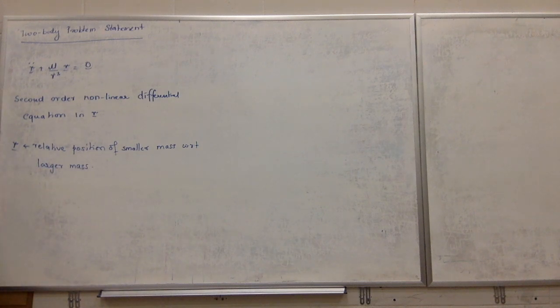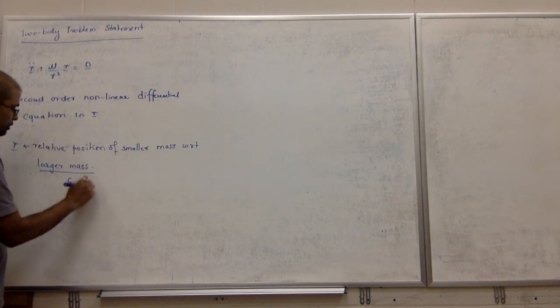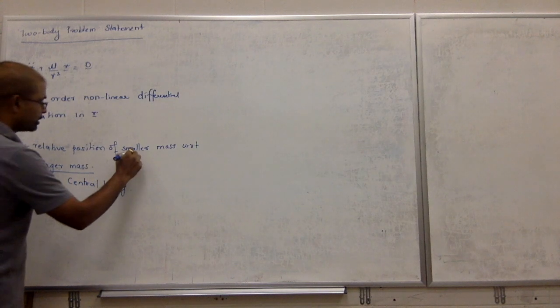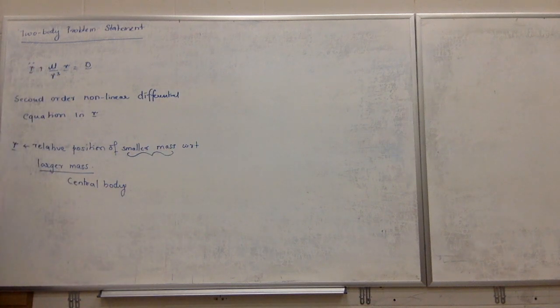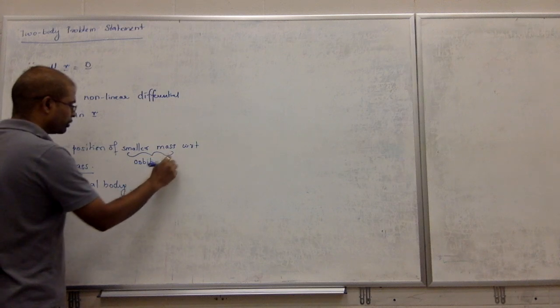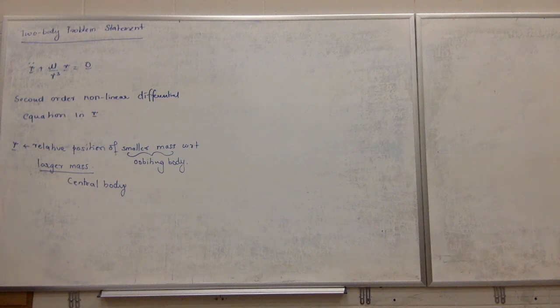Here we'll refer to this as the central body, and the smaller mass as the orbiting body. Got it? So here R would be, give me an example in terms of central body and orbiting body.